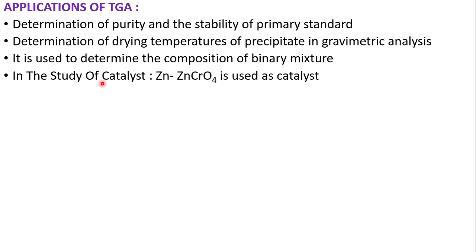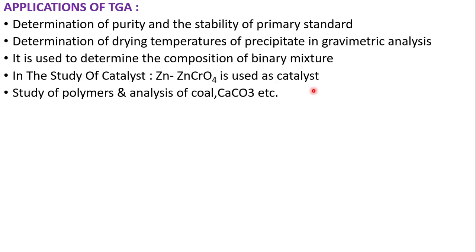It is used in the study of catalysts, that is zinc and zinc chromate used as a catalyst in synthesis of methanol. Next one, study of polymers and analysis of coal, calcium carbonate, etc. It is used for quantitative analysis.